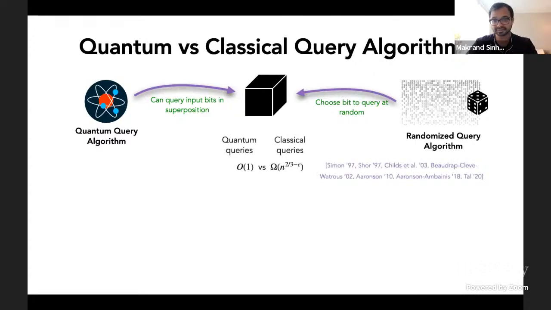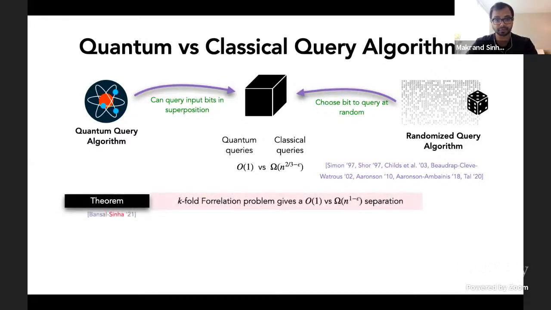This has been studied since the early days of quantum computing in the 90s. Prior to our work, the best separation was constant versus n to the 2/3, meaning that there is a quantum algorithm which can solve the problem with only a constant number of queries, but classically, it requires making n to the 2/3 queries to the input.